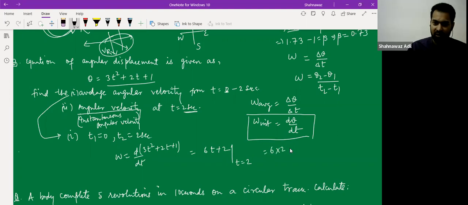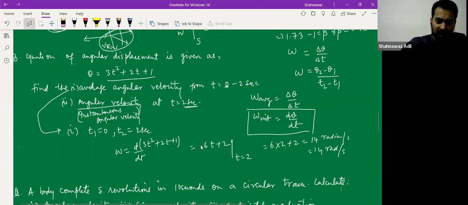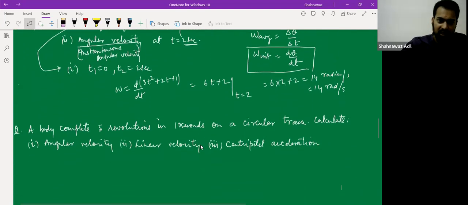So this is what? 14 radian per second, or we write it as rad per second. Understood? Any doubt? Any doubt up to this point? No, sir.